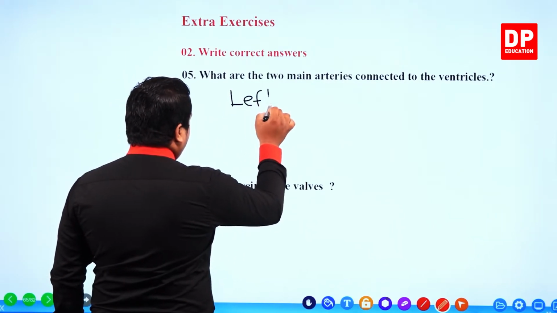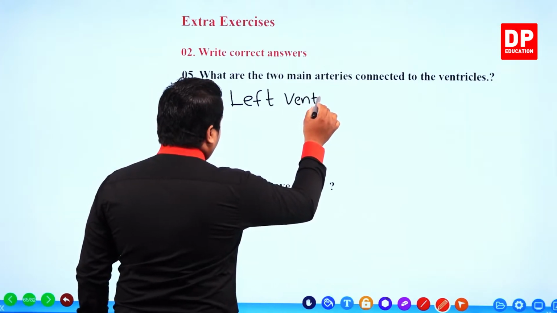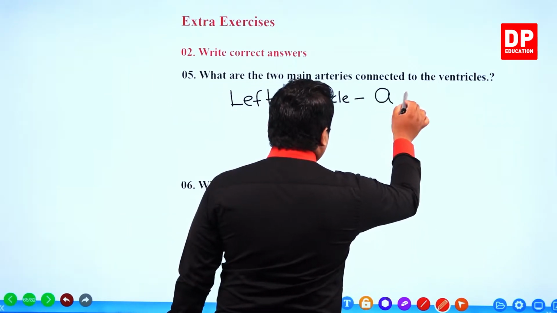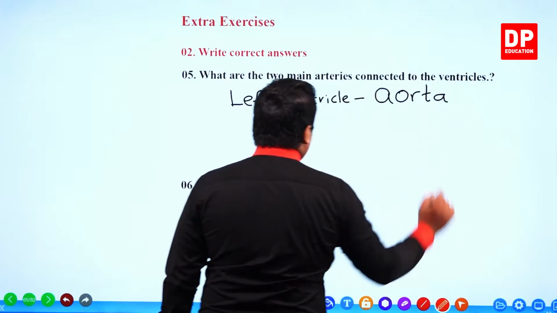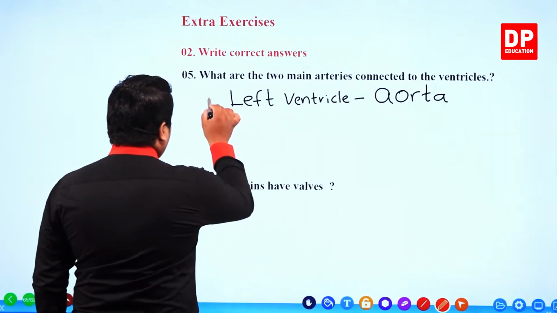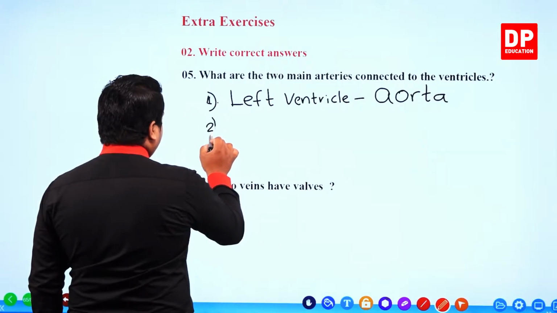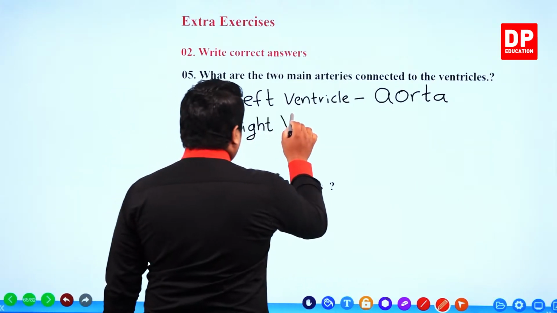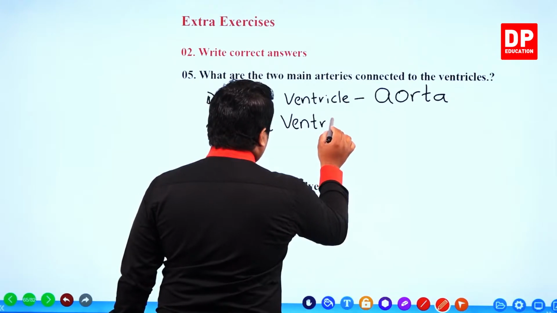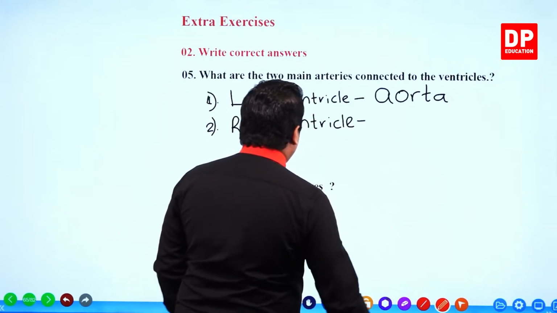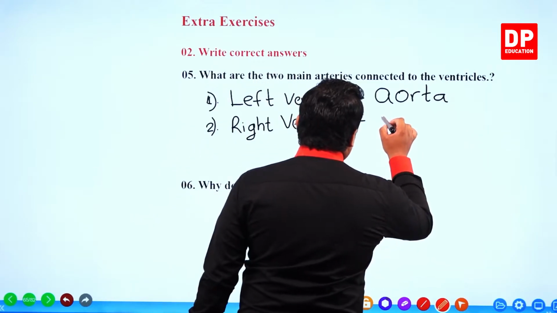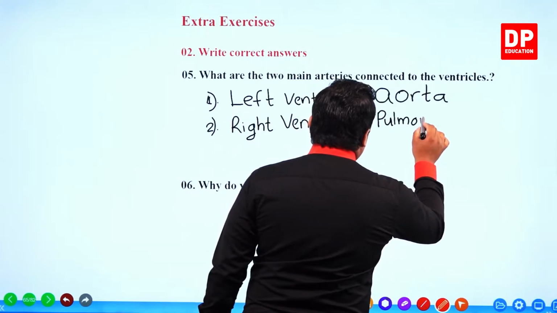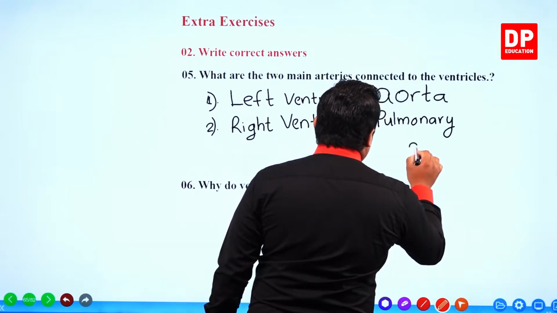Left ventricle, aorta. Then for the right ventricle, pulmonary artery.